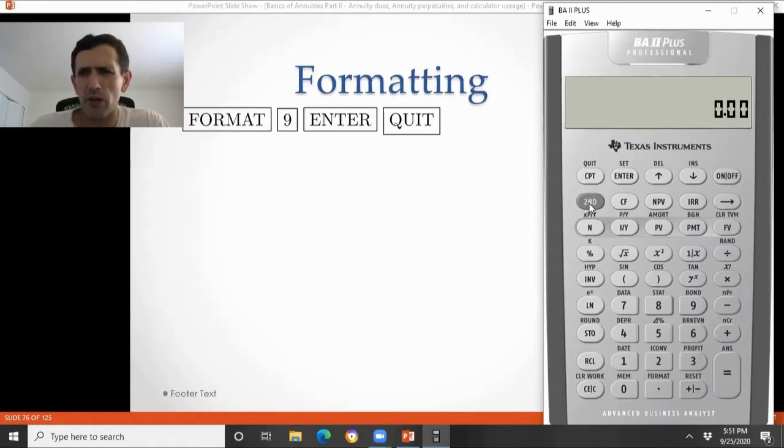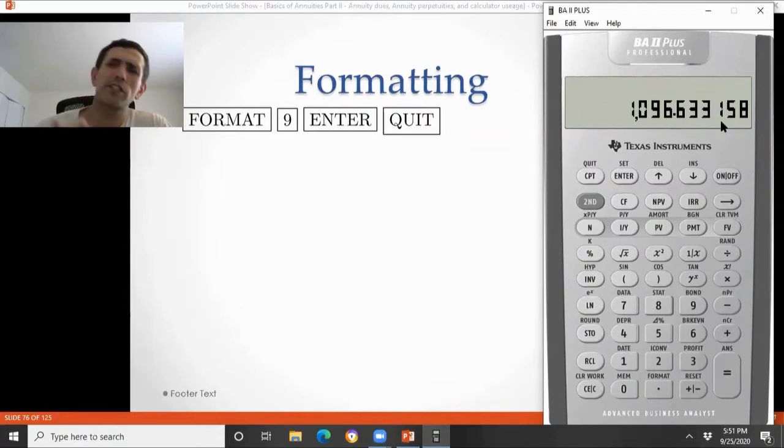But anyway, very quickly, let's go over how to format it. So you just go to format, which is second format down here. You hit 9, enter, and then quit, second quit. Now let's try e to the 7 again. Now it gives me as many decimals as we need.